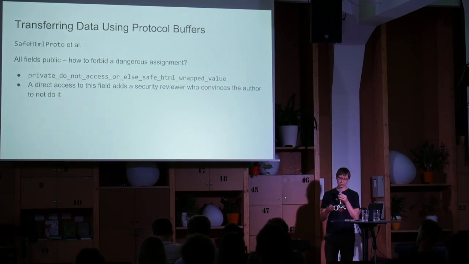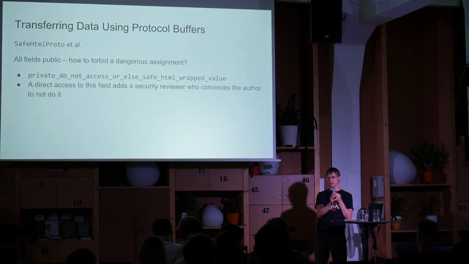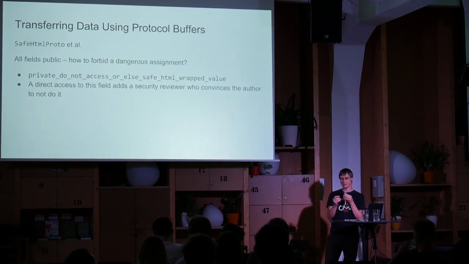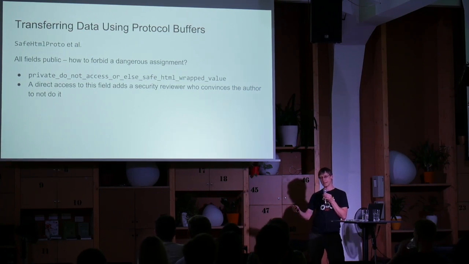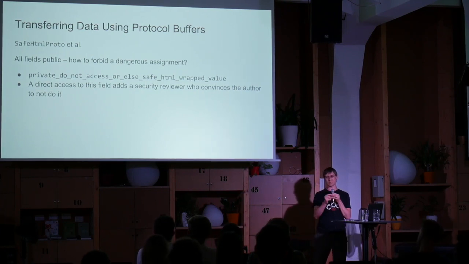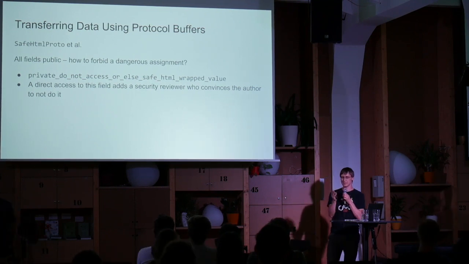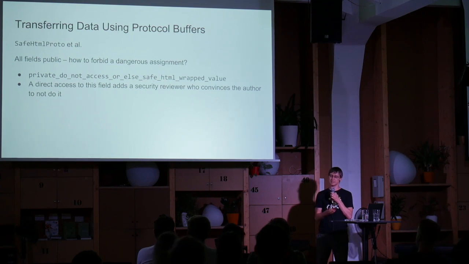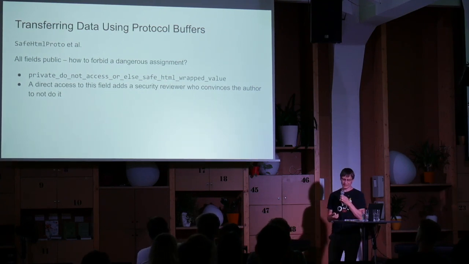So at Google, we use protocol buffers, which is a more compact format, and it has type safety, which means that on the server side, you can generate safe HTML, transfer it in a protocol buffer to the client, and the client can get safe HTML that was generated at the server, which means that you can pass data that were already sanitized on the server to the client and use them there directly.